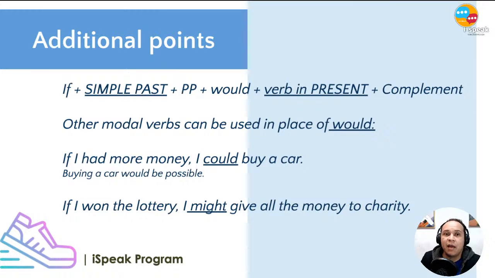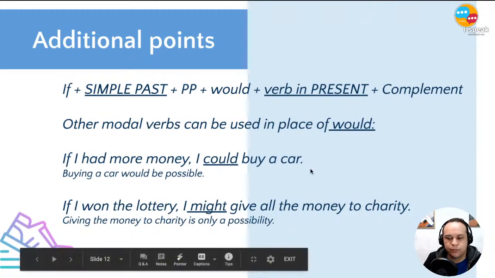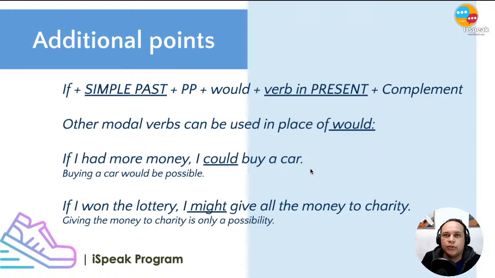In fact, it's not going to happen because I don't even buy lottery tickets. Giving the money to charity is only a possibility, right? So as you can see, the modal verb would can be changed to other modal verbs like could or might. Okay, cool. So far I think we are just good.